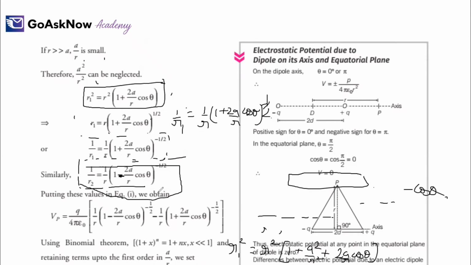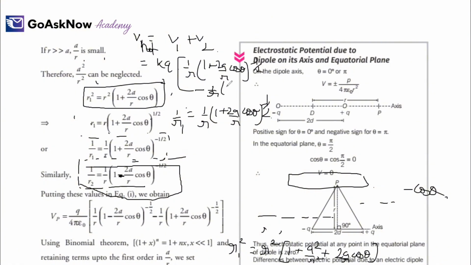Putting these values in equation 1, which we obtained earlier, that is v net is equal to v1 plus v2, you will get k q common, and in the bracket 1 by small r into 1 minus 2A by small r cos theta to the power minus half, then minus 1 by small r into 1 plus 2A by small r cos theta to the power minus half.